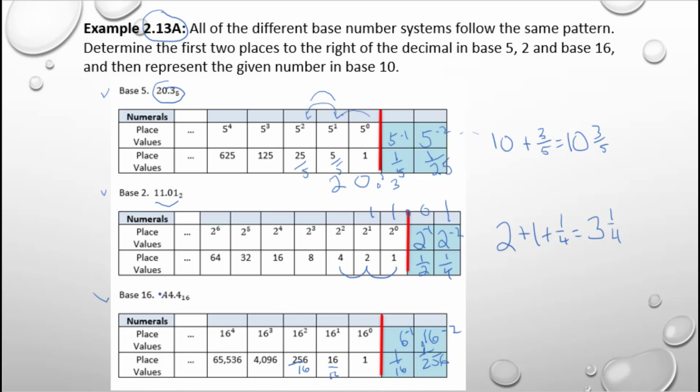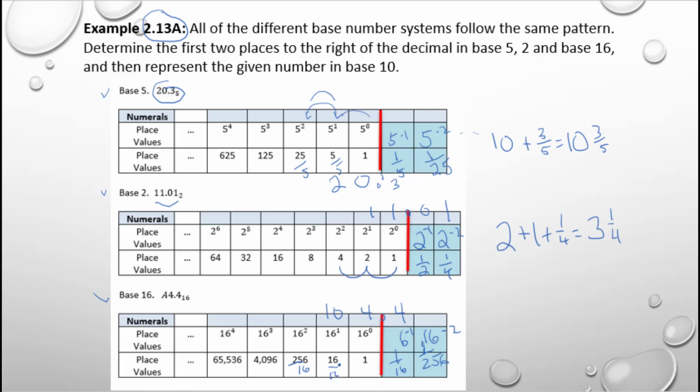A in base 16 is 10. You can have 10 in a single place value because it's base 16. You don't regroup until 16. And then we have 4 here, and then I have 4 here. Decimal point with 4 there, 4 of those.